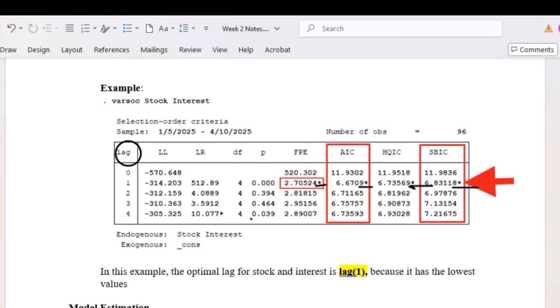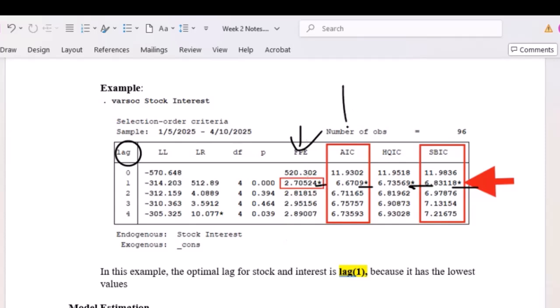The software will indicate which is the optimal lag, and the optimal lag is given by the lowest number. You can see in this criteria called FPE, this is 2.705. It is the lowest. It is lower than 2.8 and lower than 2.9, and therefore it is considered the optimal in that particular criteria.